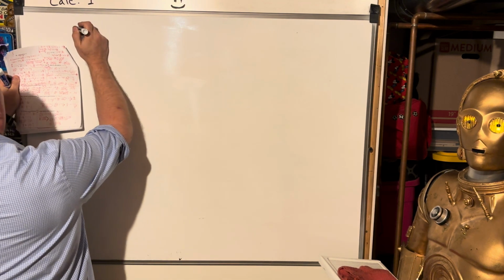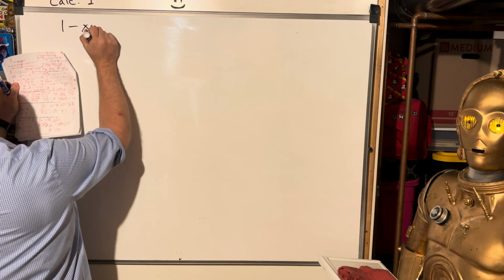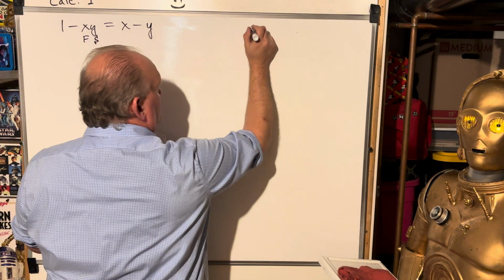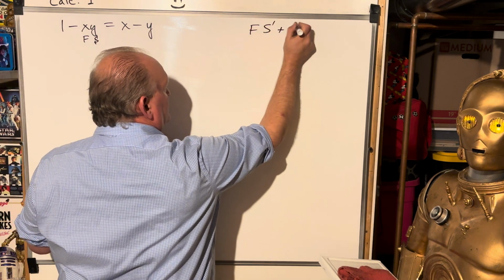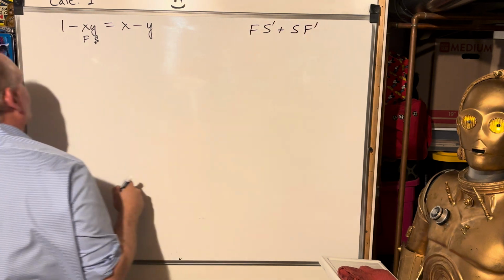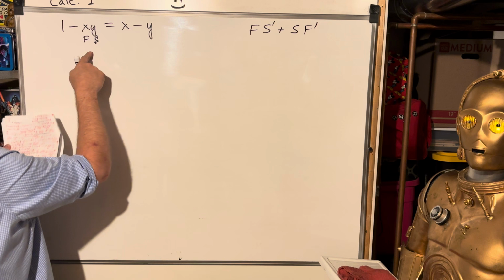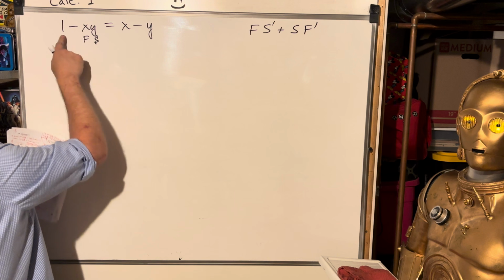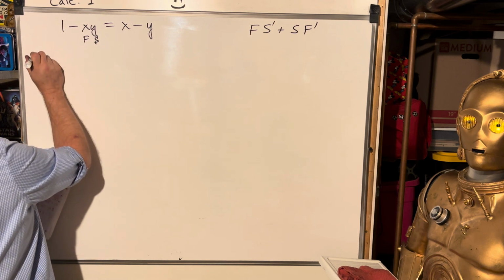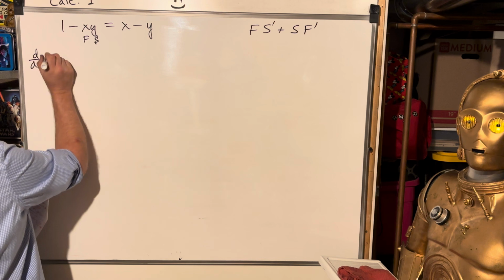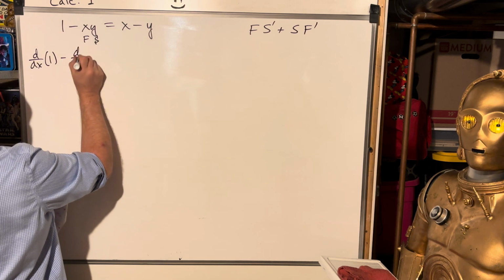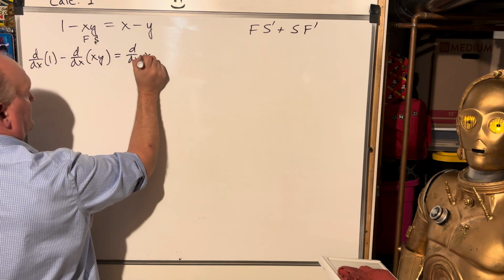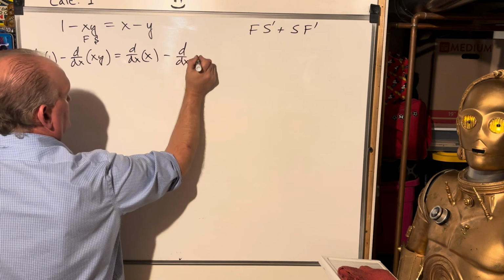We'll do it. So 1 minus xy, x minus y. That's the first, that's the second. First derivative second plus second derivative first. Okay, so we do the derivative of this, that's 0. So here, let's just do d/dx of 1, d/dx of xy equals d/dx of x, d/dx of y.